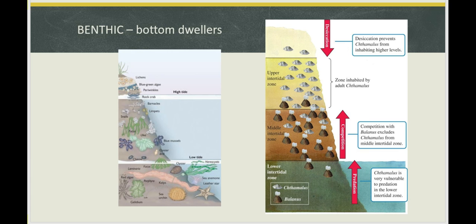So we've talked about these two barnacles, Thamylus and Balanus, and how they have adapted to live in different places based on their tolerance of temperature or their ability to outcompete other organisms. So Thamylus up here, he is adapted to tolerate heat and desiccation. Right? So this species can tolerate physiological stress. If, however, the barnacle larvae settles down here, it's a terrible competitor.